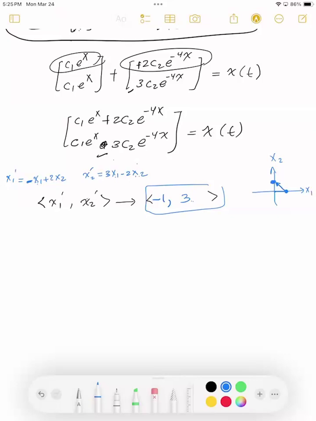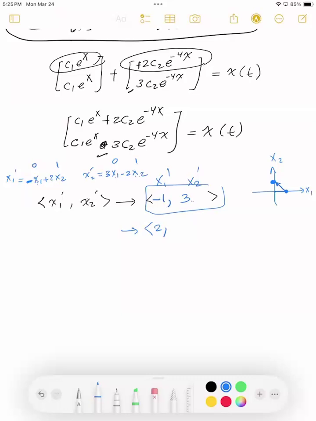I'm sorry, I keep calling it x and y. I have x1 and x2. So I pick 0 for x1, 1 for x2. So then what do I get? 0 plus 2. And I do the same thing here. I put 0 and 1 here. So this is your x1 prime and this is your x2 prime.